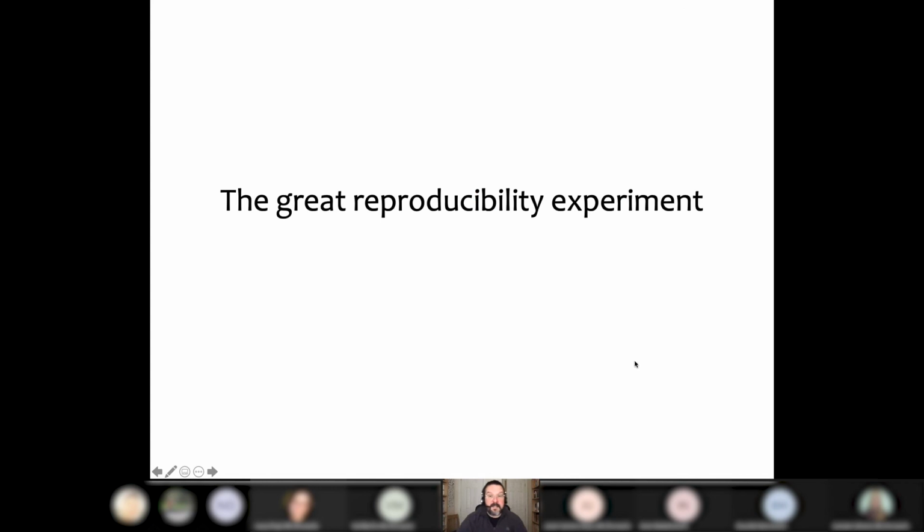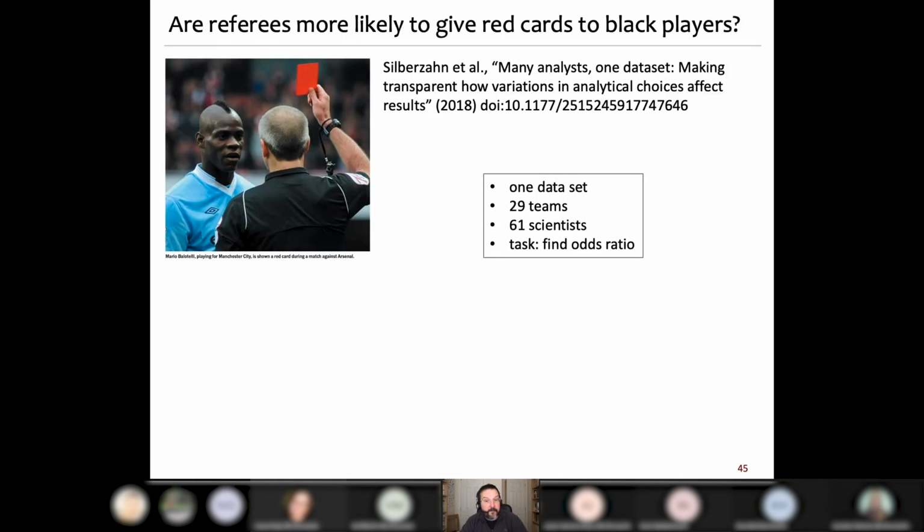And the problem is deeper than you might think. It is not only about conscious or unconscious p-hacking. It's about the choice of the statistical method. This is an interesting paper. 29 teams involving 61 scientists used the same data set to address the same research question: whether football referees are more likely to give a red card to dark-skinned players than to light-skinned players.